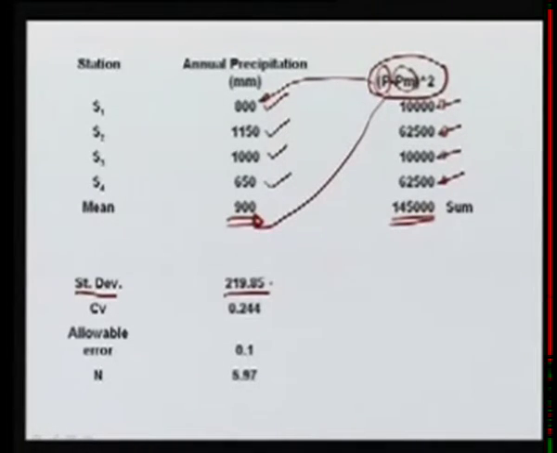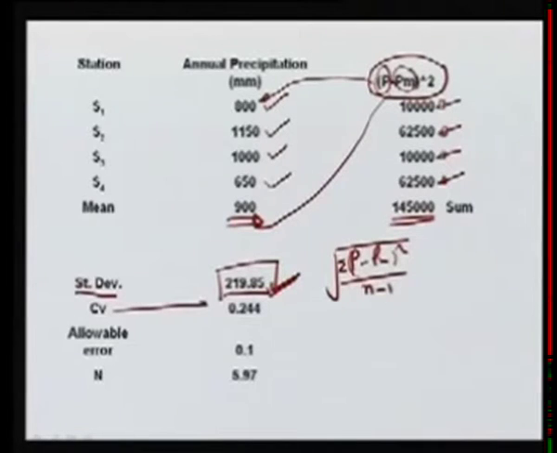The standard deviation can be calculated as the square root of sigma (P minus PM) squared over n minus 1. This gives us a value of 219.85, and the coefficient of variation is nothing but the standard deviation divided by the mean. So 219 divided by 900 will give us 0.244.